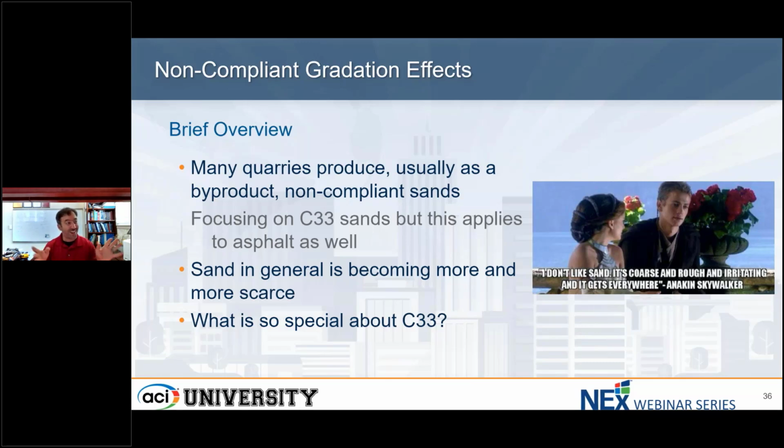Non-compliant gradations. Okay, I've talked with so many quarry operators and aggregate producers. They have a problem. They're making aggregates, either manufactured sands or fractionating some river sand, natural sand.